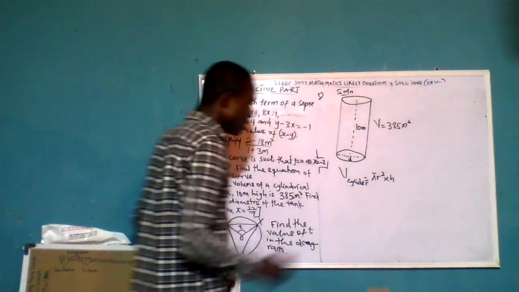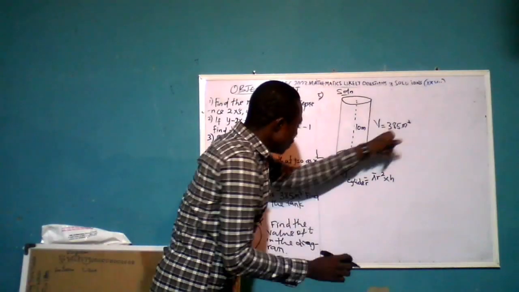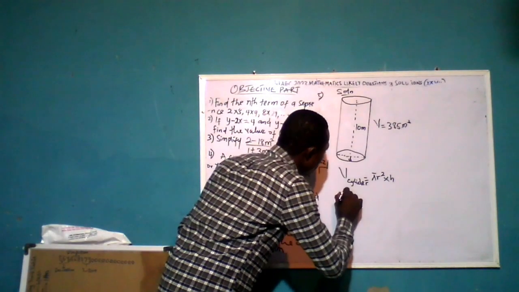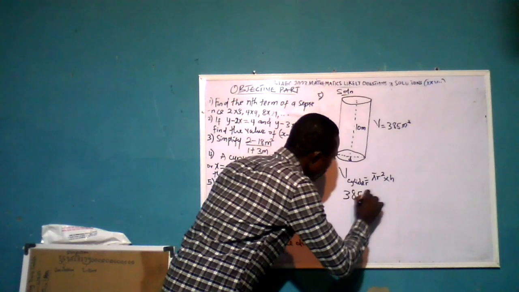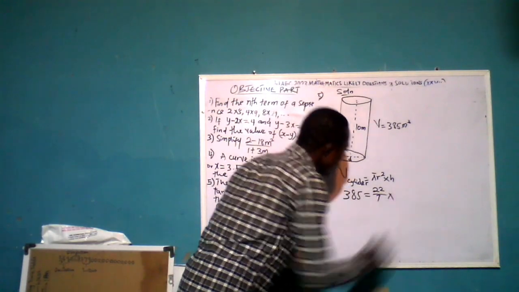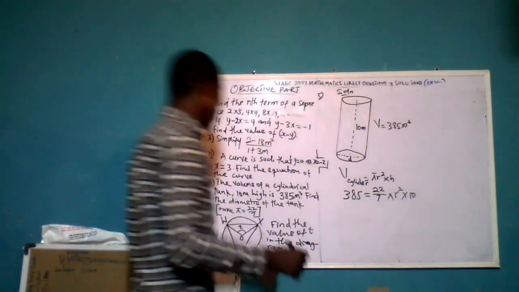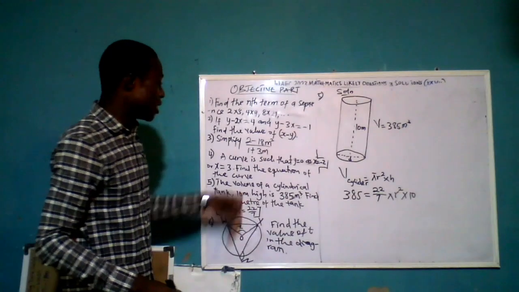And straight away you are on the way to getting your answer. So the volume has been given to us, so we put it. You have 385 equals pi, which has been given to us as 22 over 7, then the radius is not yet known, so r squared, times 10 as it is given in the question. The height is said to be 10 meters.